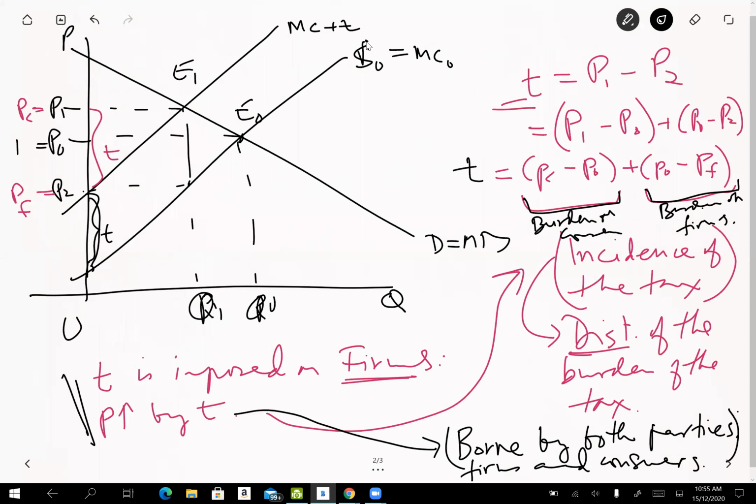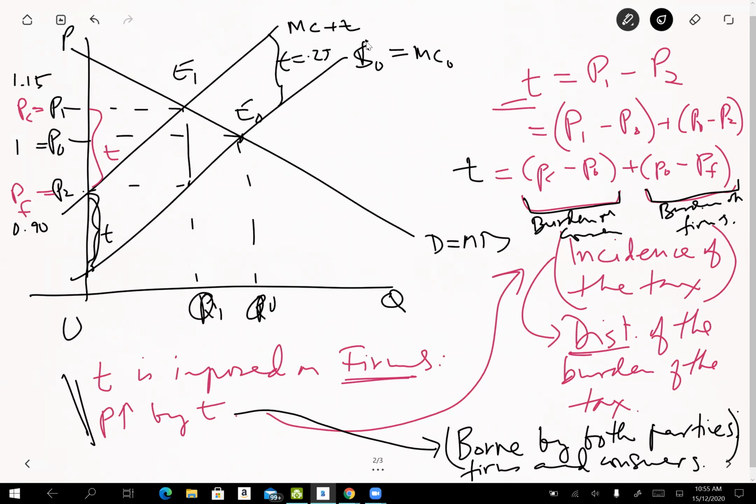The tax is 0.25, or 25 cents. After the tax, the price that we pay changes to 1.15, and the firm will get 90 cents. So we just go by the book.